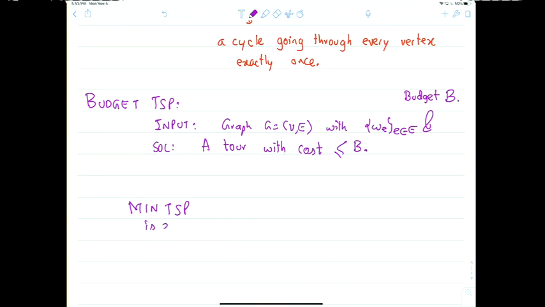I'm going to say, if min TSP can be solved efficiently, then budget TSP can also be solved efficiently.